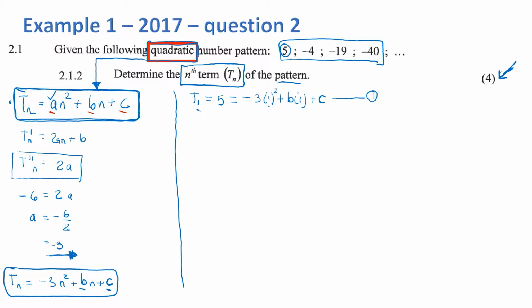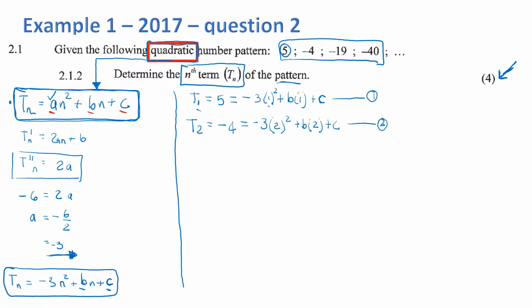Okay, so term 2 equals, well, that equals minus 4. And that is minus 3 times 2 squared plus b times 2 plus c. Okay, that's equation 2.